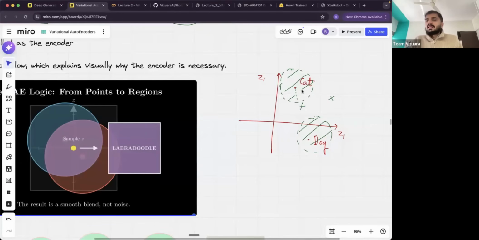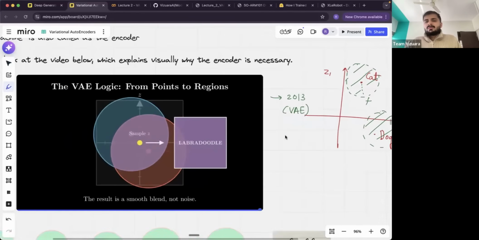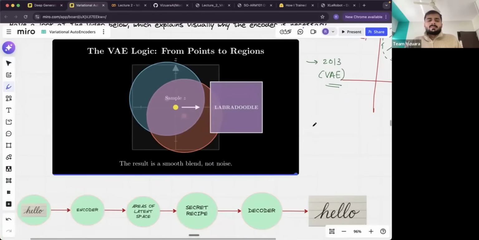And this has led to a significant boost in the accuracy of predicting distributions. I think this paper on VAEs came out in 2013, and it really revolutionized image generation capabilities of AI models. After that, of course, we have seen a lot of innovations, but this is something which started it all.